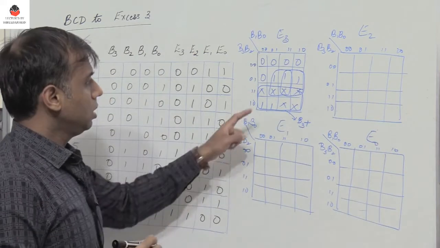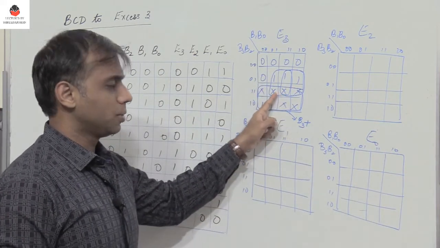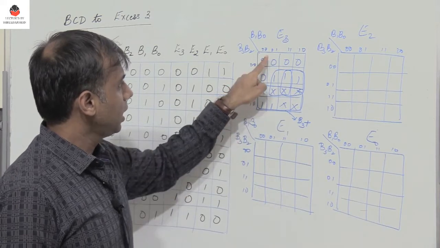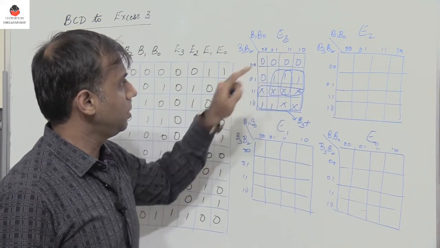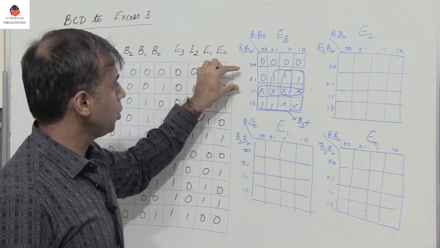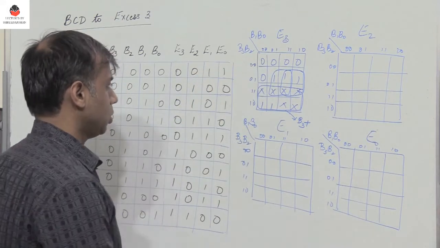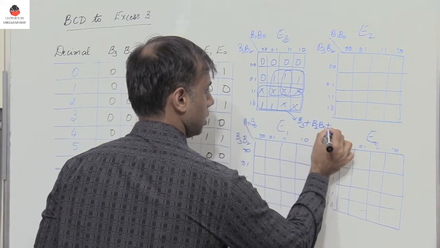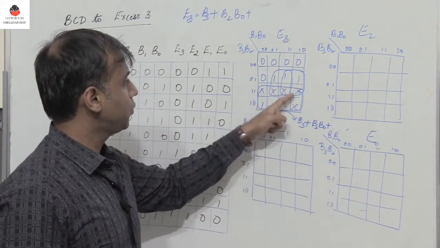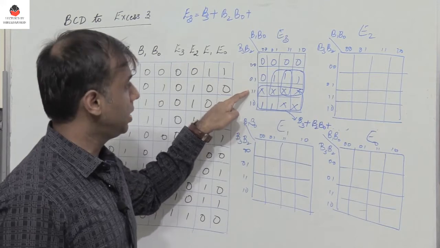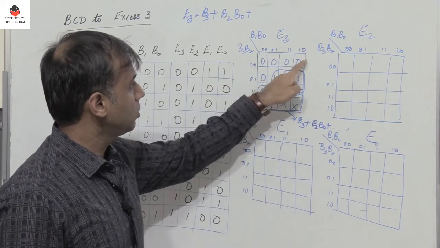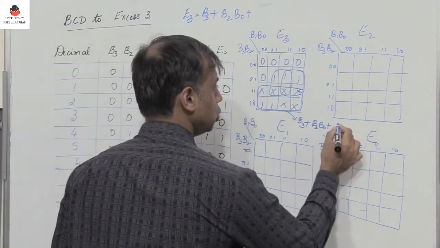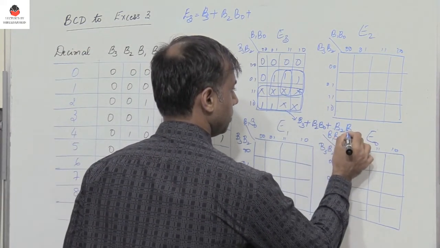plus, now when I combine these 4, here observe that B3 is complementary, so I have B2, and here B1 is complementary, so I have B0. So you have B2 B0. So when I combine these 4 ones, I have B3 which gets eliminated, so I have B2, and here among these two I have B0 which gets eliminated, so you have B2 B1.